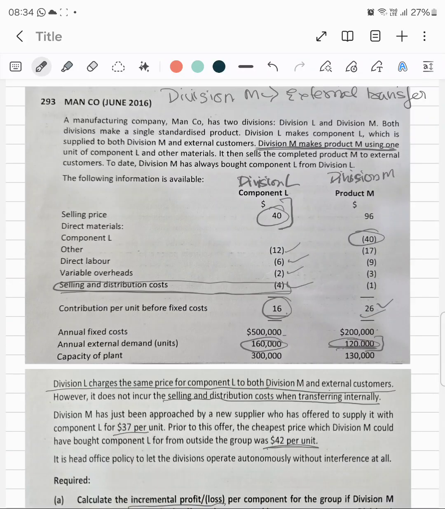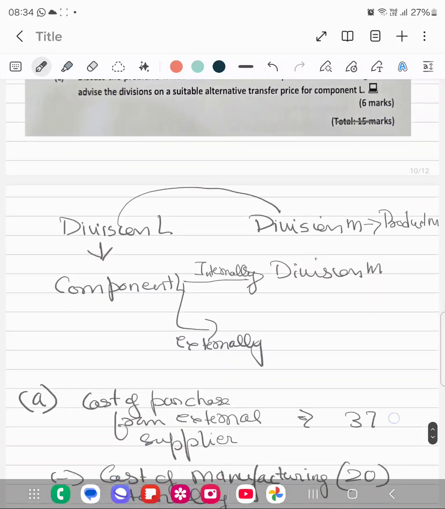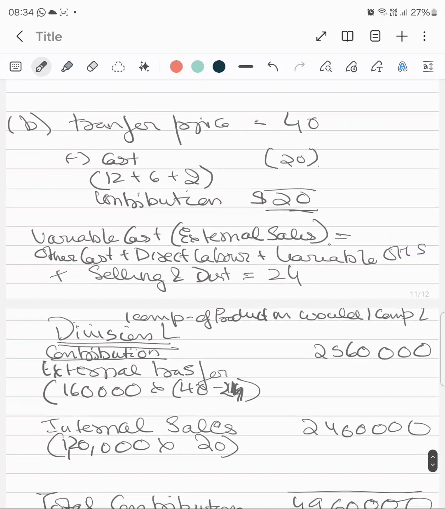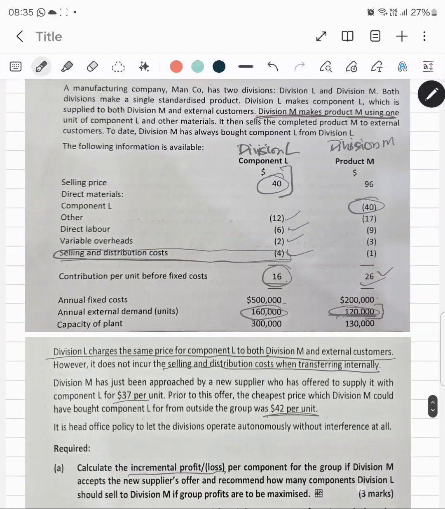So if this selling and distribution cost of 4 is included, the contribution in that case would come out to be 16. Because now your variable cost would be 24, so the contribution would be 16, and therefore the selling price can be reduced by 4 as well.